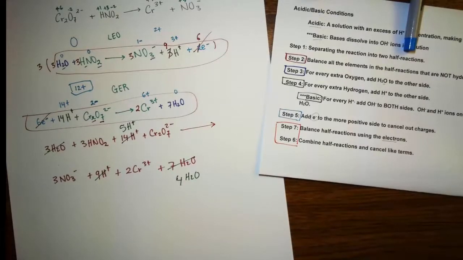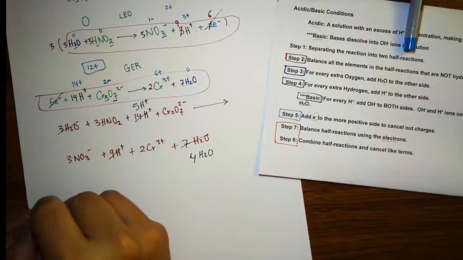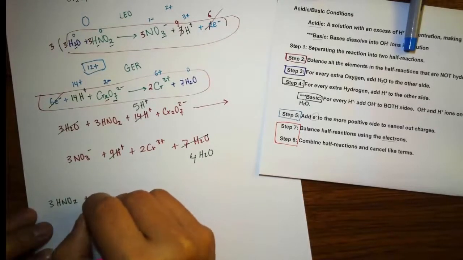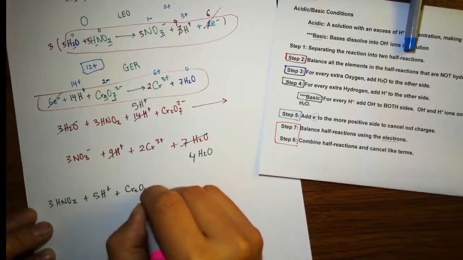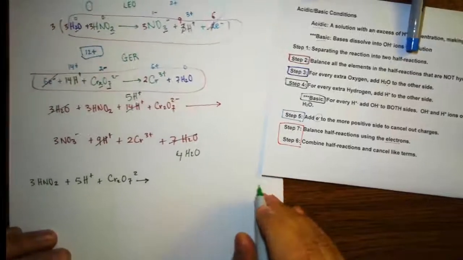And that's it. So let's rewrite our answer, a really long one. So we have 3HNO2 plus 5H plus plus Cr2O7 2 minus, and going to our product, I think we can actually fit them all.